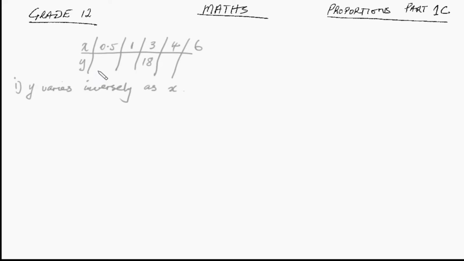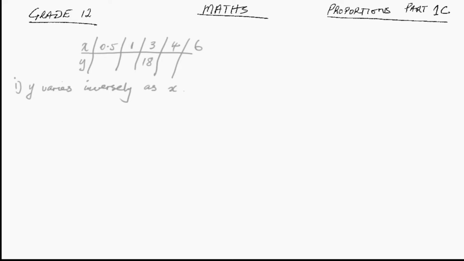Now we need to come back to the statement and try to analyze what it means. It says y varies inversely as x. In our previous discussion, we did look at this. We said this is very important here.